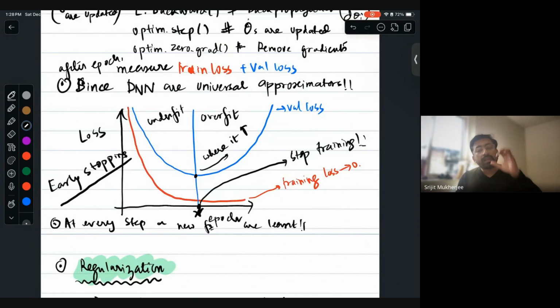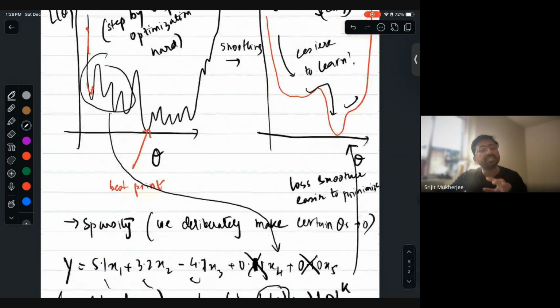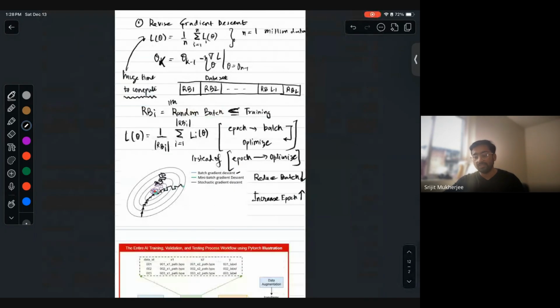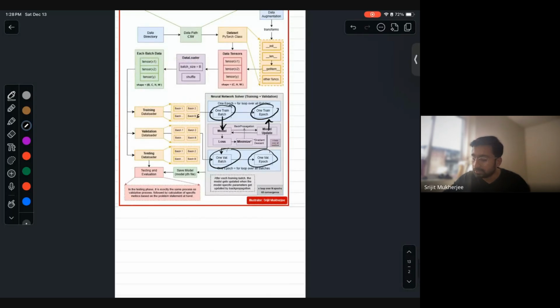At that stopping point, we have a certain theta parameter saved, and that is the best parameter for us. You can try multiple different training models and hyperparameter tuning, but the basic idea is the same. So this is what it means to train our deep neural network, guys. I hope you enjoyed it. It's very, very beautiful.